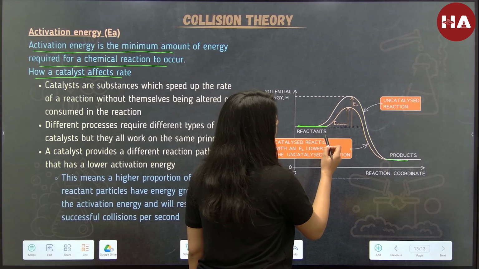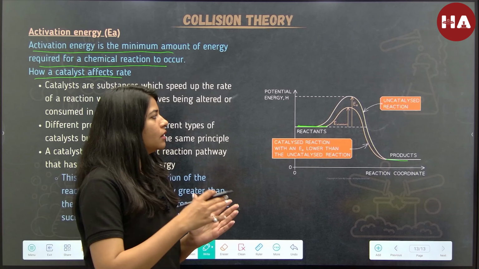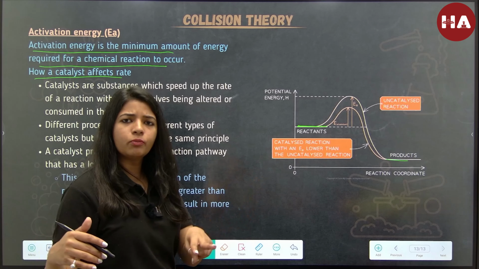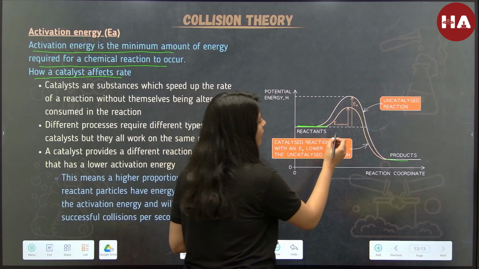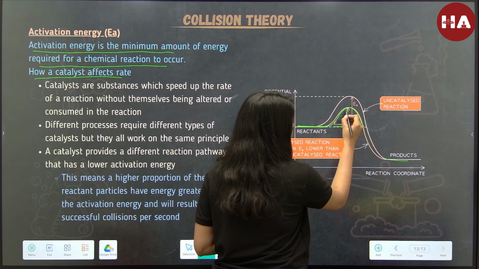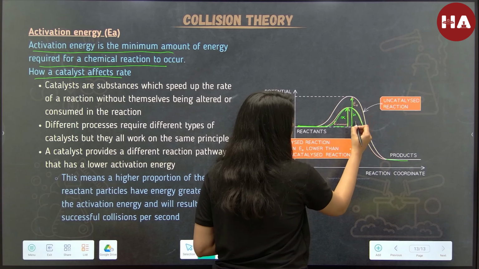So what happens if we add a catalyst? It will provide us with a path in which the activation energy is lower. Okay, so a new path will be introduced after adding a catalyst. See, this distance is lesser. Let's say this is x and this distance is y. So what does a catalyst do?